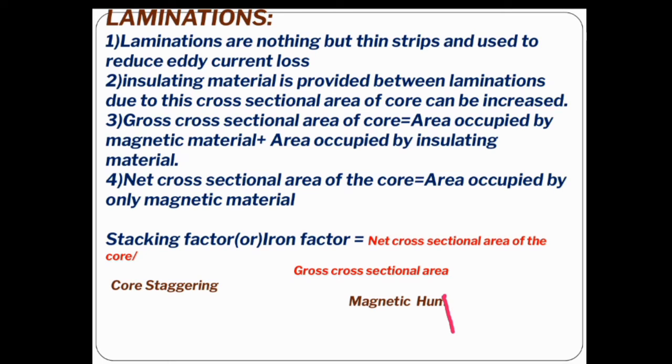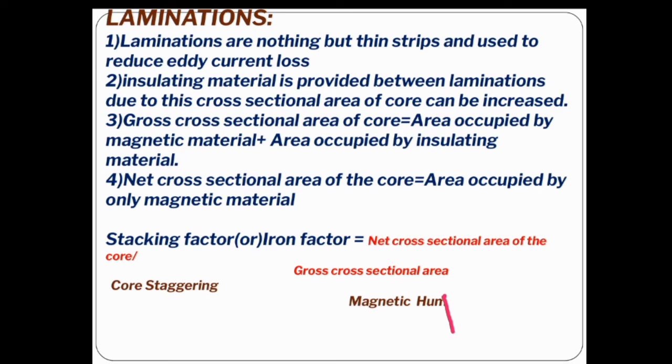The net cross sectional area neglects the insulating material area and considers only the magnetic material.